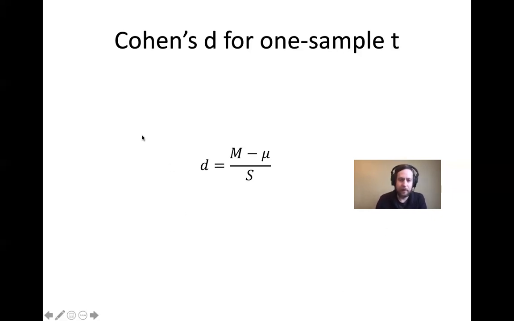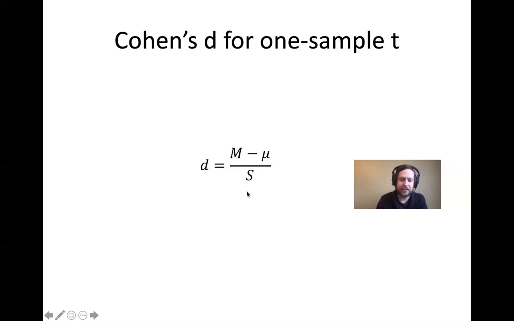Here is the equation for Cohen's d when you're dealing with the t statistic. The numerator is the exact same as the numerator for Cohen's d when you're dealing with the z statistic. That is, the sample mean minus the population mean. So the numerator for d hasn't changed. And we've seen it in chapter 8. We're seeing it again in chapter 9.